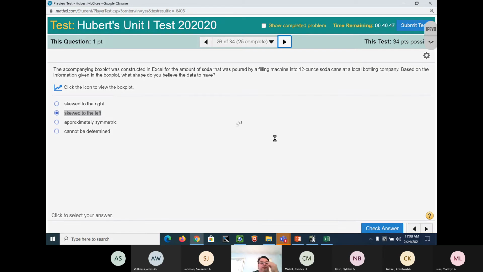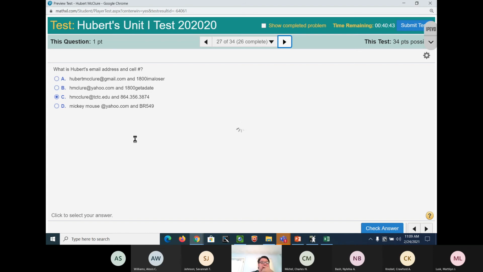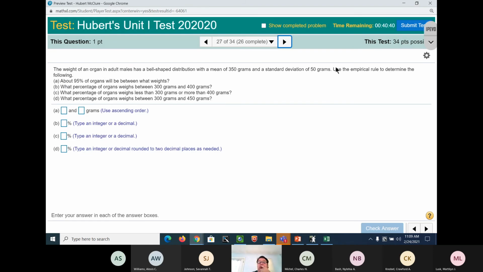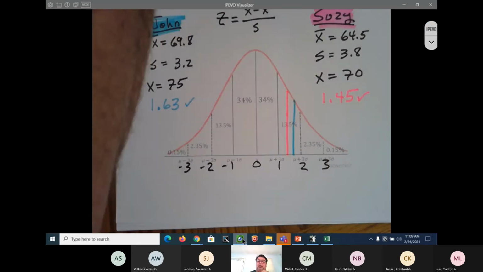Next, and that's a bonus. And this, what are you going to use here? The empirical rule, Hubert. That's right. So you're going to use this guy right here. You're going to color it.